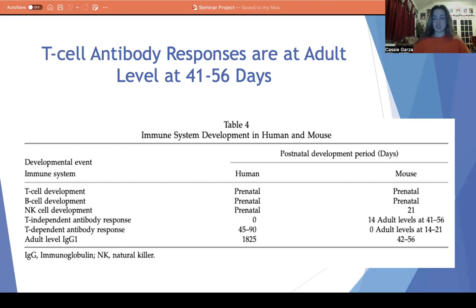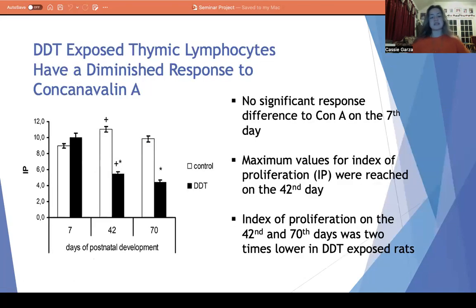So this research determined that age. Remember, it's the age of full lectin receptors and full antibody response to occur in mice, between 41 and 56 days. So we're going to use that data and go back to this other slide. And what we're going to look at is this middle value, the 42nd day, because that's the value that's going to fall within those days.